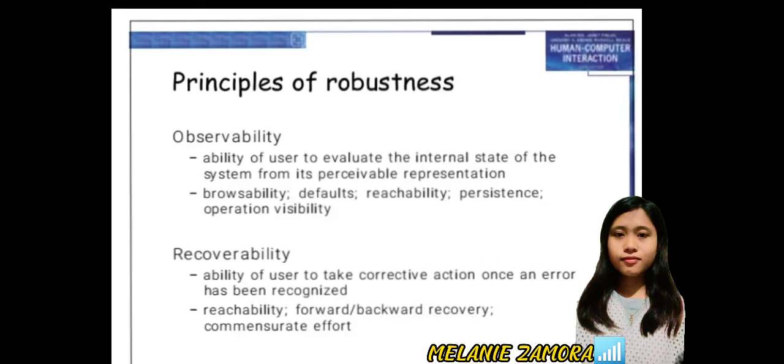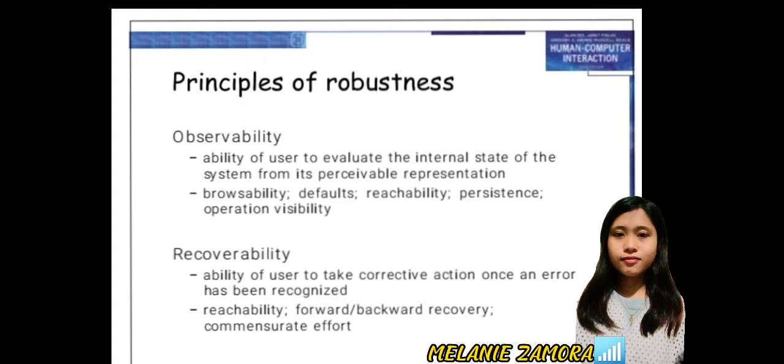Next is the principle of robustness. Observability: ability of the user to evaluate the internal state of the system from its perceivable representation. Browsability, defaults, reachability, persistence and operation visibility. Recoverability: ability of the user to take corrective action once an error has been recognized.